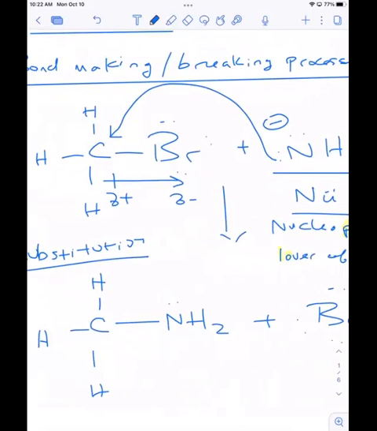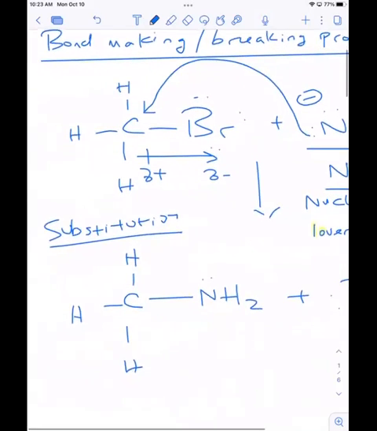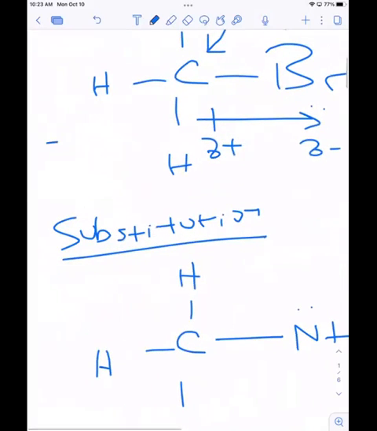Hydrogens are only electrophilic if it's H plus, like in an acid-base reaction. So the carbon, by default, this CH3Br becomes my electrophile. What does that mean? Electro for electron, phile for love, so it's a lover of electrons.